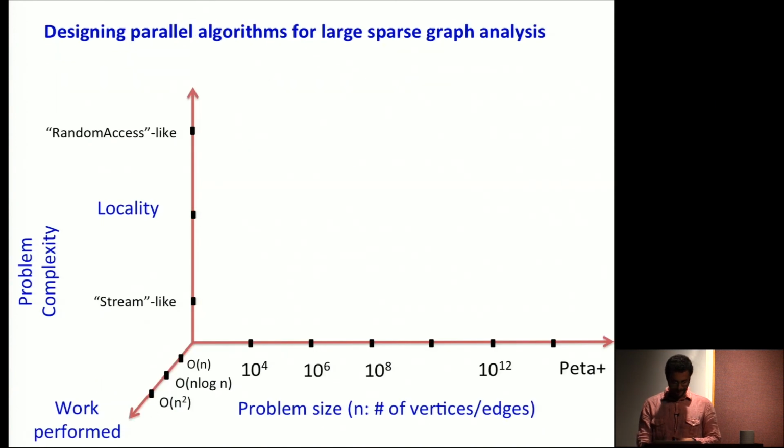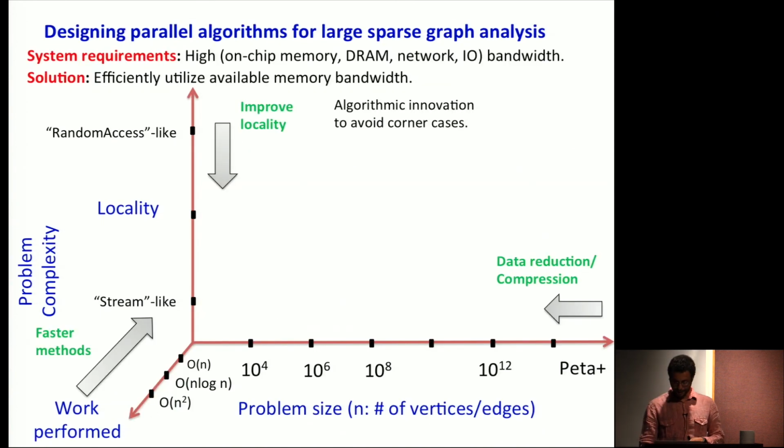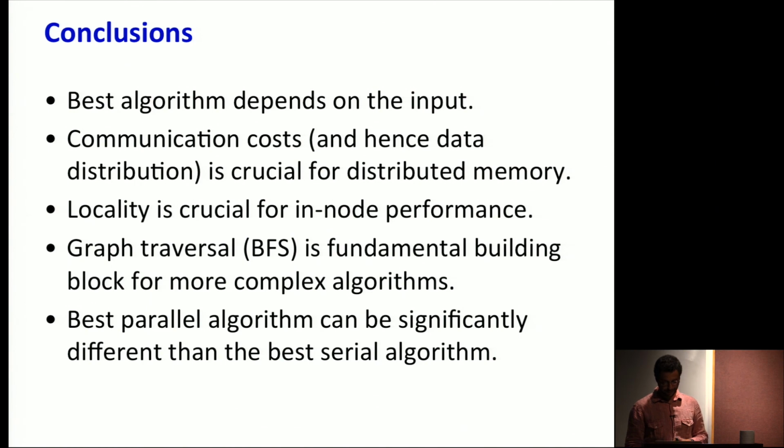So this is a general picture about all the things you want to consider: all the locality problems, all the data size, and the work performed. And in this whole three-dimensional domain, you're trying to find the best combination of those. Essentially, that's all I want to say.